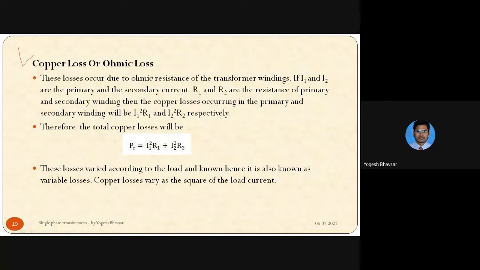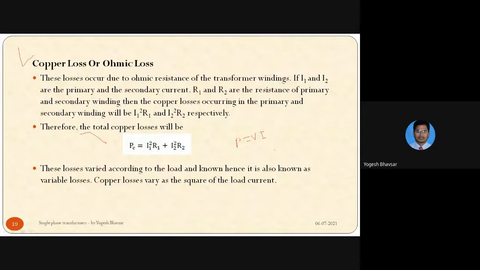If I1 and I2 are the primary and the secondary currents, R1 and R2 are the resistances of primary and secondary winding, then the copper loss occurring in the primary and secondary winding will be given by I1 square R1 and I2 square R2. If you know, this is nothing but the power, I square R, right? We have power P equal to V into I. The basic formula for power, what we have?